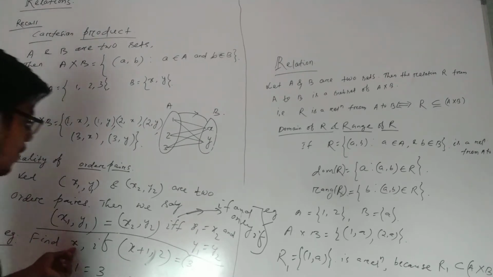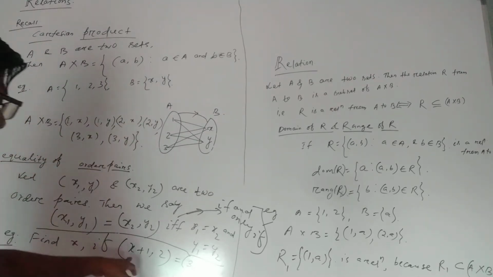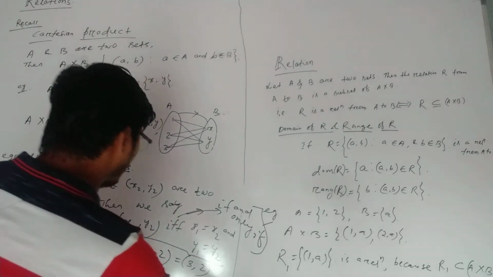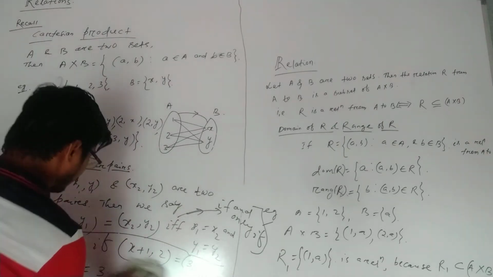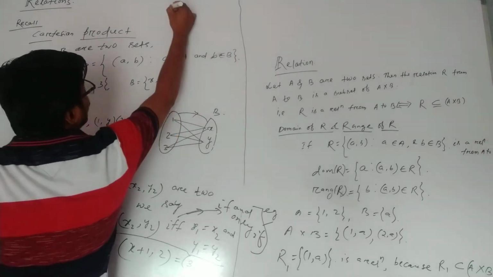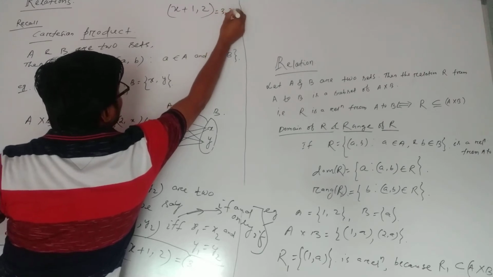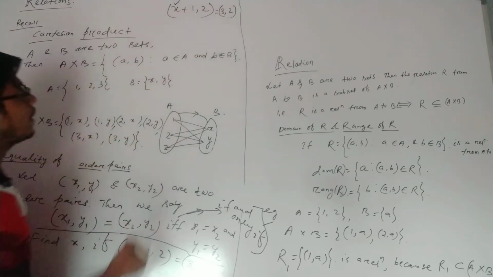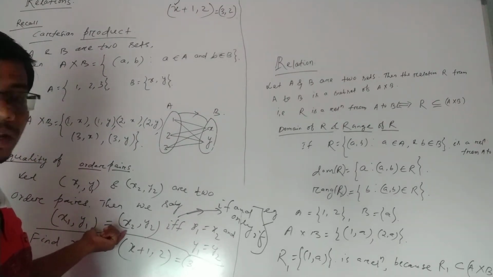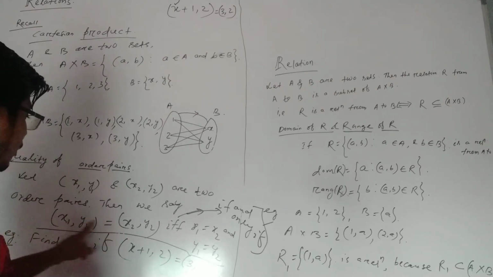Now how do we find the value of x in this ordered pair? If this ordered pair is equal to that ordered pair, so we write (x plus 1, 2) is equal to (3, 2). How do we find the value of x? We know that two ordered pairs are equal if the first component is equal to the first component and the second component is equal to the second component.